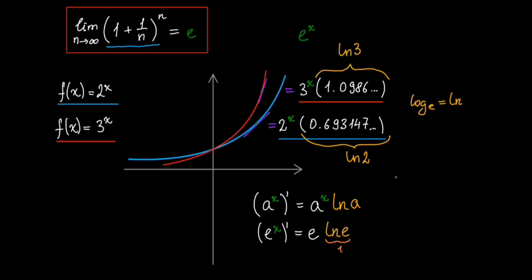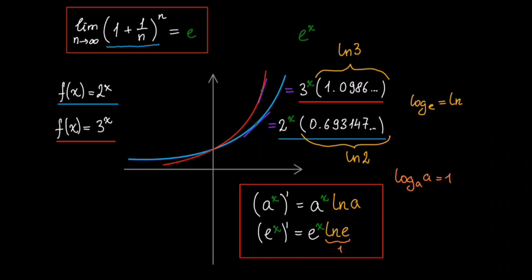We know from the logarithmic properties, if you have log base a of a, meaning the base and the argument are the same, you always get 1. And this is what happens here with the ln e. This is why e to the power of x is so special, because in general, its derivative does not change. The derivative of e to the power of x will always remain e to the power of x.